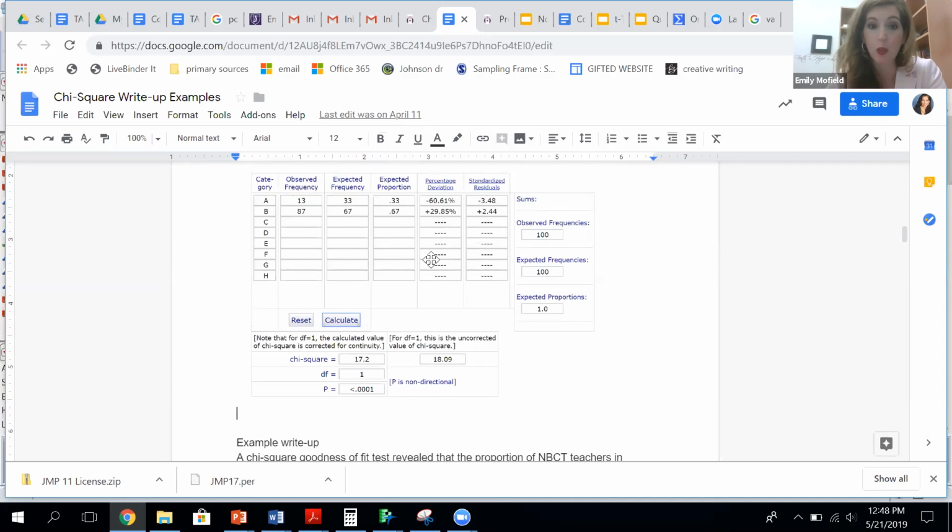Actually, I didn't have to fill in this middle one. It did it automatically, but you could do the math, just 7th grade math, figuring out the expected frequency based on the expected proportion out of 100 people. That's why I chose 100 people to keep this easy.